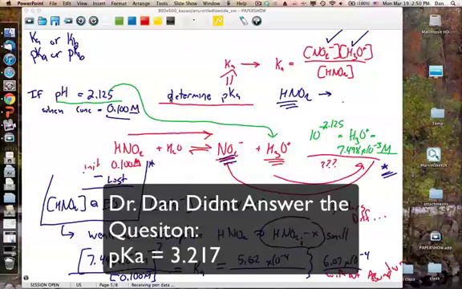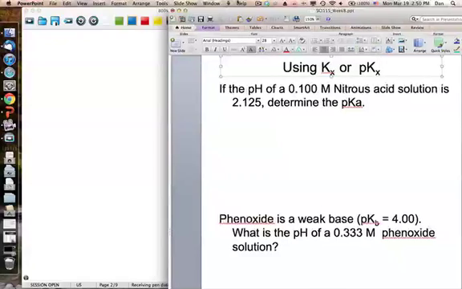pH is code for H3O plus information. Here you have phenoxide. Phenoxide is a weak base, pKb of 4.0. And they ask, what is the pH of a 0.33 molar phenoxide solution? So you have an initial solution value of 0.333 molar.